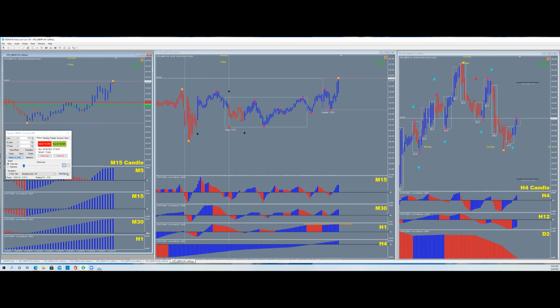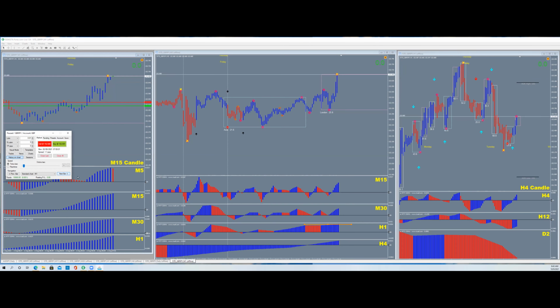That makes sense. So you see all the little fluctuation. Now everything's back in sync. 5 minute is fluctuating, meaning it may be in a pullback mode again. But at this point, you are up 16 pips.